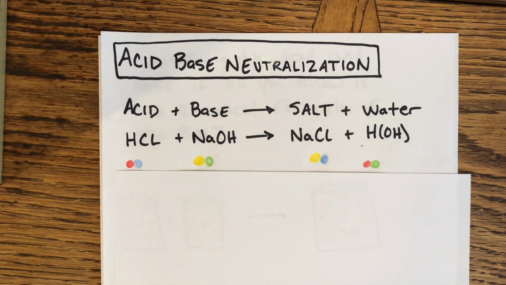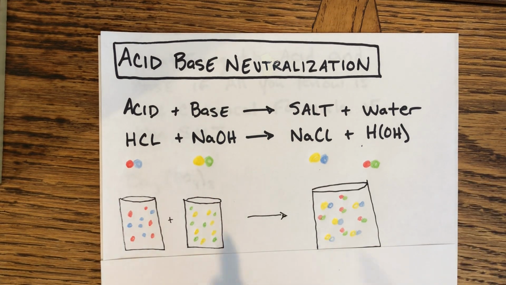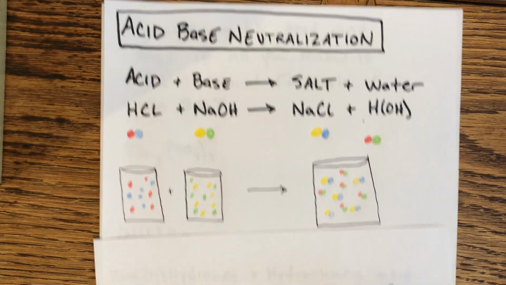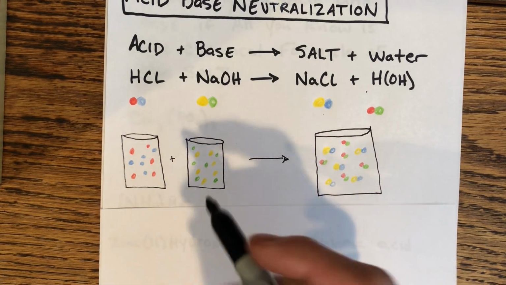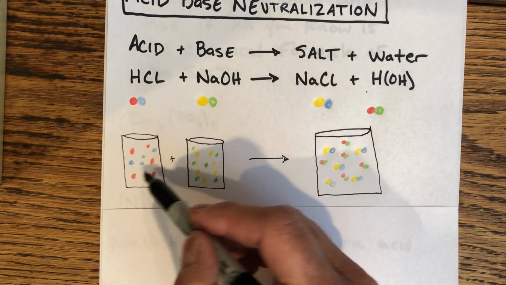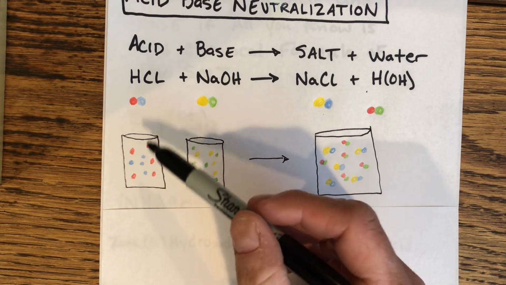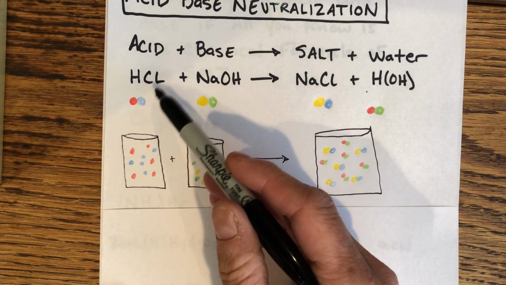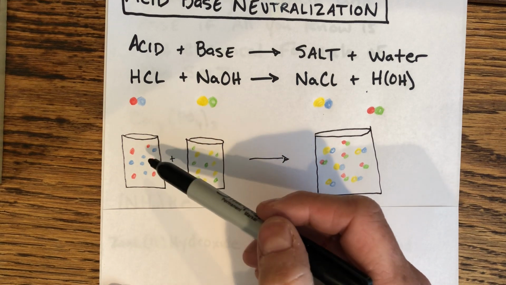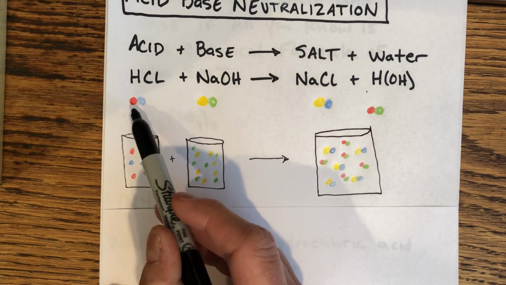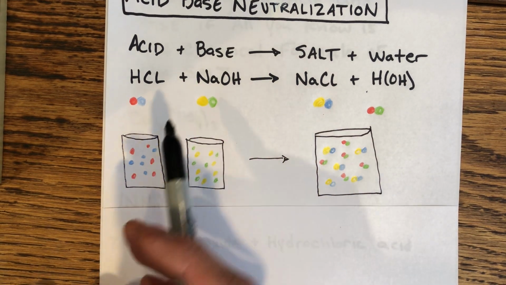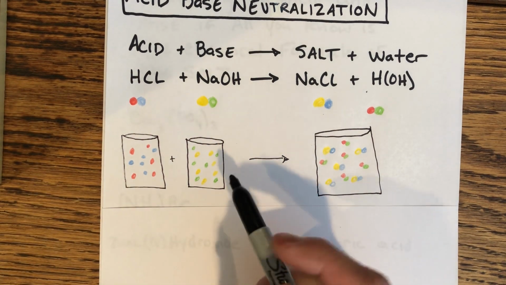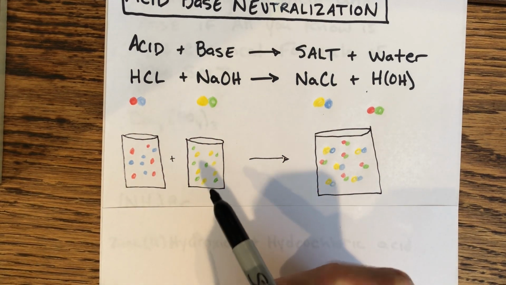and when you put them in water, they will dissociate, and we've talked about dissociation before. Just picture that this is a vessel of water into which we've placed some hydrochloric acid. The red and the blue balls separate from each other in a dissociation process, right?